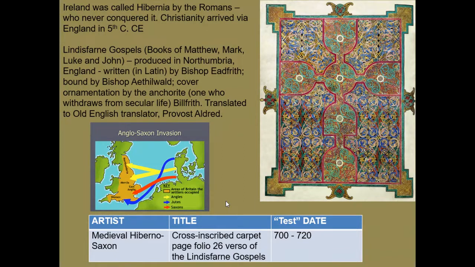This cross is one of the most famous of the pages from the Lindisfarne Gospel. This is Folio 26, verso, the back side of that page, so it would be the first page in a new section. If you were to open the text, it would essentially be the section on the left as you're facing text on the right.